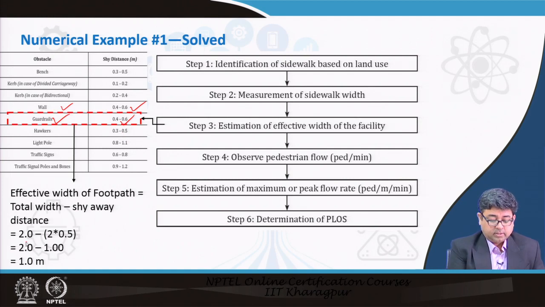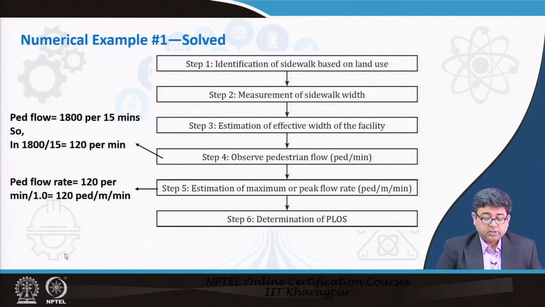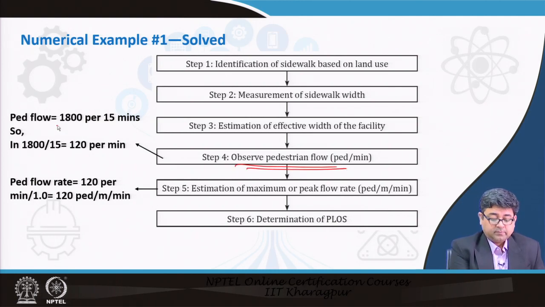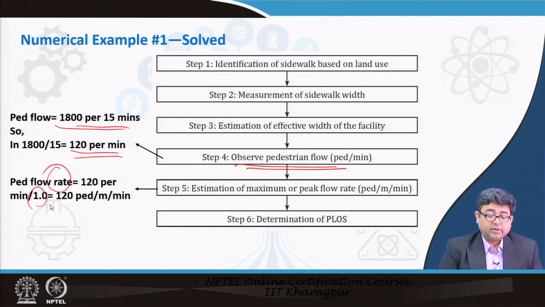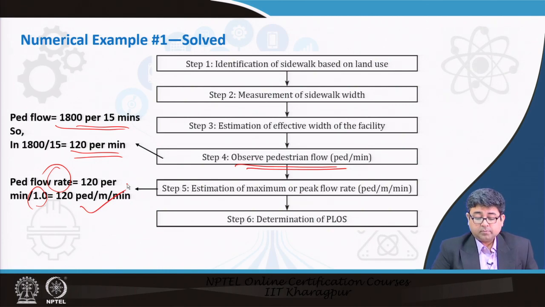If you subtract the shy distance, you will get the effective width as 1 meter. You are also given the peak pedestrian flow of 1800 pedestrians per 15 minutes, so that will be 120 pedestrians per minute, and because it is only 1 meter effective width, that will be the same 120 pedestrians per meter per minute.